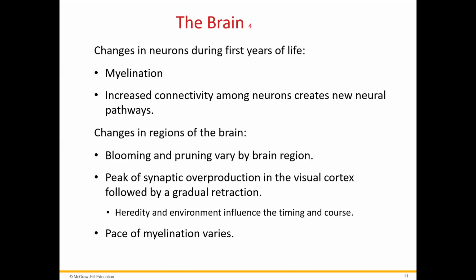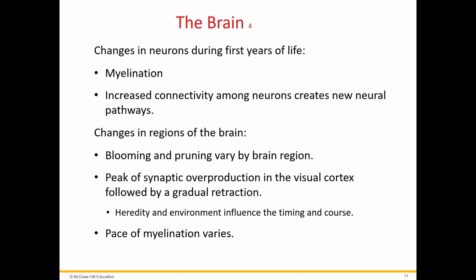So blooming is like the neurons are becoming more interconnected, and blooming is also applied to when new neurons are being formed as well. Pruning is something that really starts happening in mid-childhood or so.